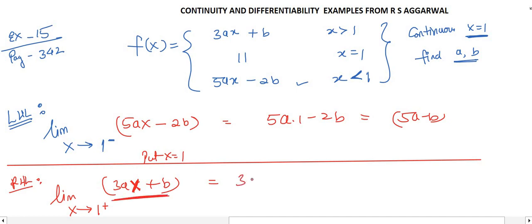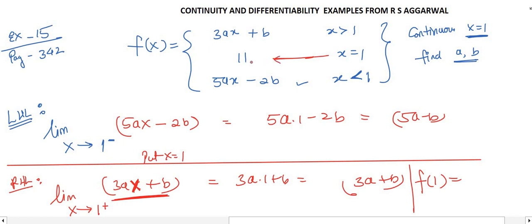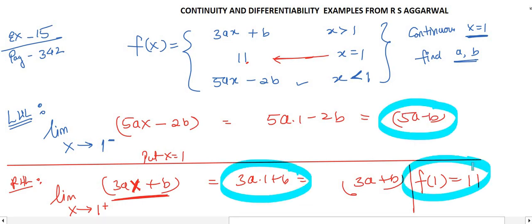Correct? So 3a into 1 plus b, which is 3a plus b. This is RHL. And now what is the function value? The function value is given at x equal to 1, which is 11. It is given. So guys, I got LHL, I got RHL, and I got the function value.